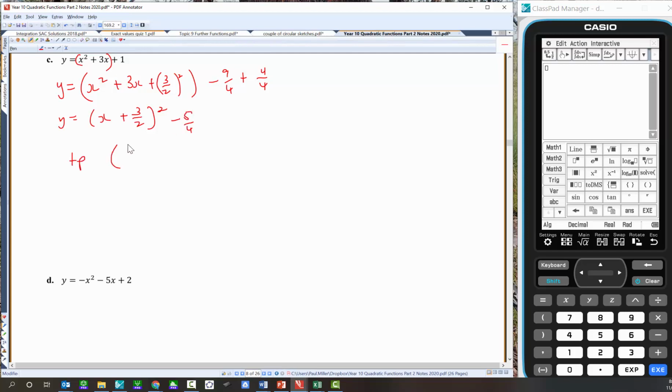Turning point: (-3 on 2, -5 on 4). Okay, so that says it goes 3 on 2 to the left, 5 on 4 down. Okay, so let's sketch, rule this up properly.